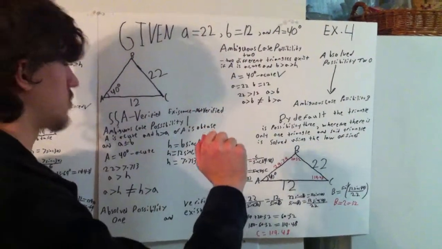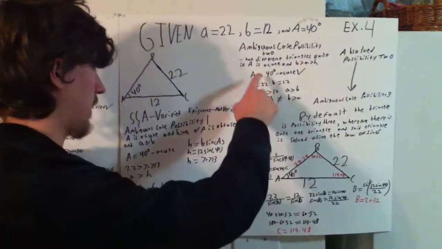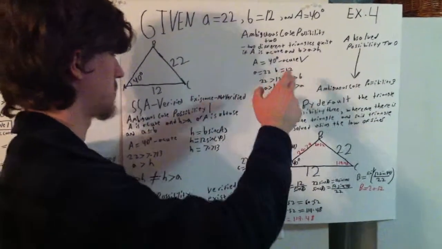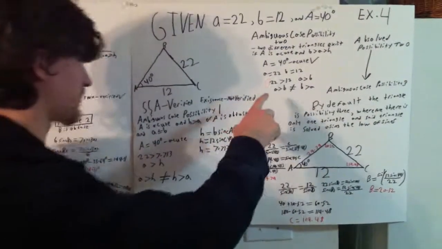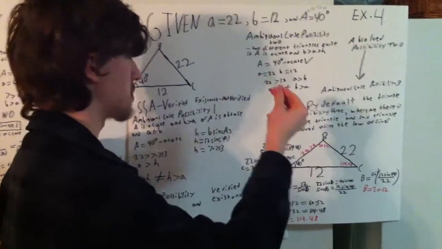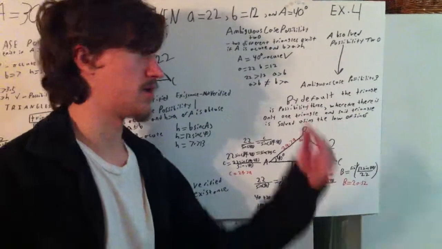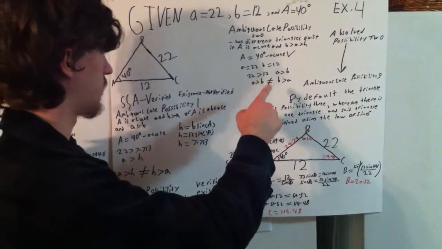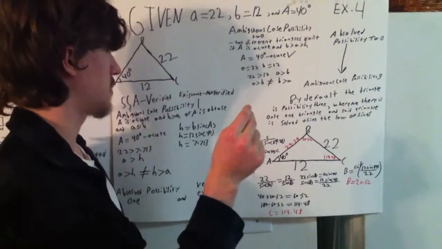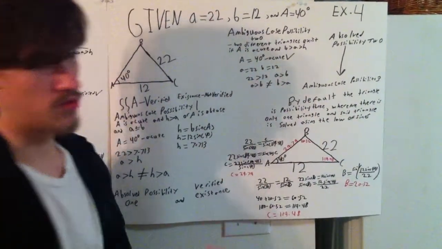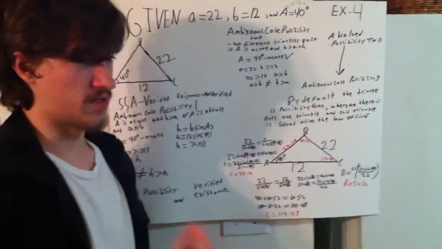For possibility 2, A is 40 degrees, so it's acute, which meets the first of the criterion. However, side of A is 22, whereas the side of B is 12. So therefore, the side of A is greater than the side of B, which does not meet the criterion for possibility 2.